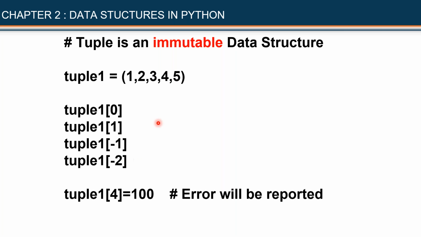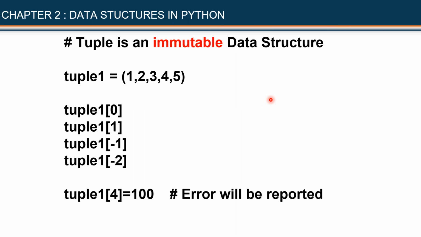When will this notation be helpful? When you have a lot of values, say 50 values, and then you want to retrieve the last but one value. Now, you know the last value's position is referred as -1. So last but one value's position is referred as -2. Now, if this notation is not available, then what are you to do? See, what is the situation? You have got 50 values.